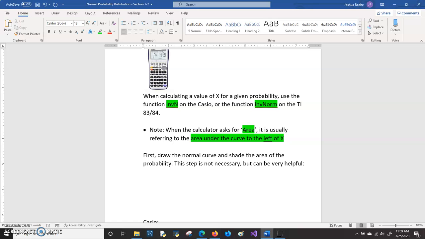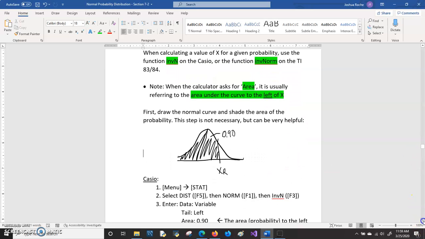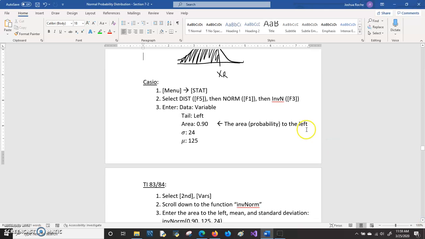It always helps to draw out the curve. I'll do that again. Looking for some value XR, and we know that the area to the left of it is 0.90. On the Casio, take these steps.